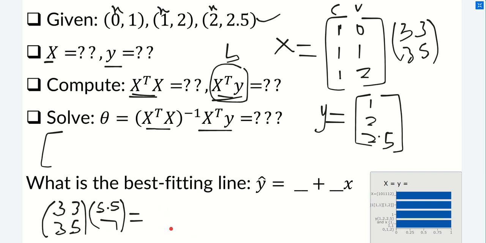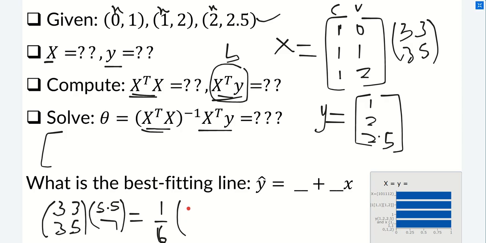We want to find the inverse of whatever you've done, which is this one. Then the determinant, this and this will give you 15. 15 minus 9 is what? 6, right? So 1 over 6. Then we will swap this.